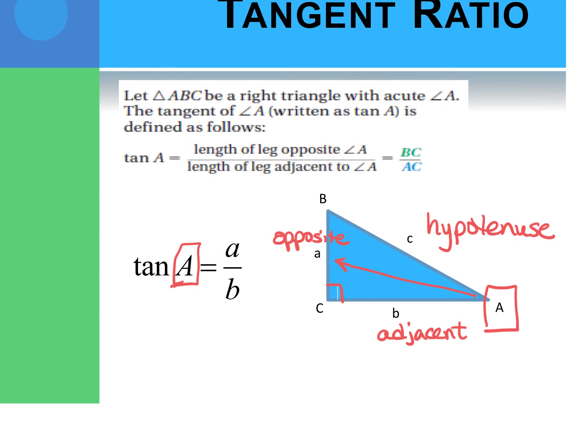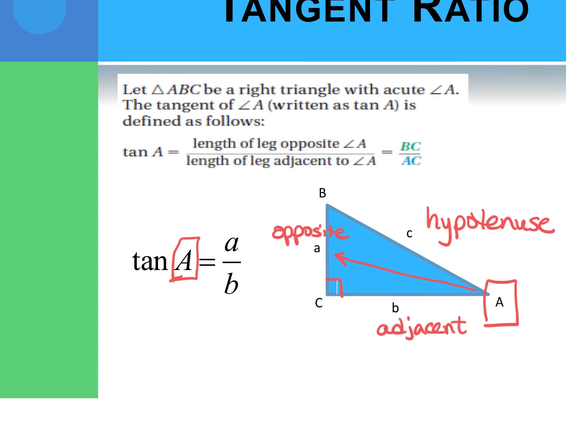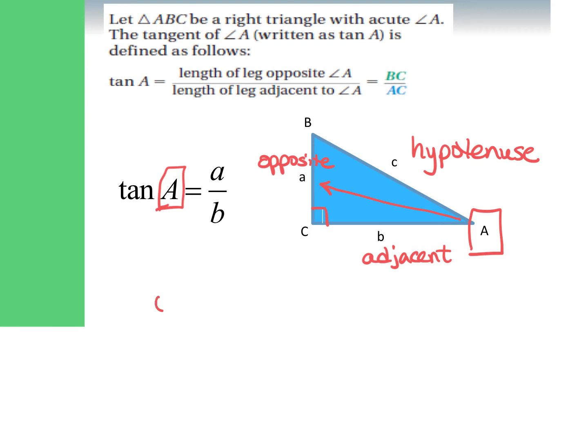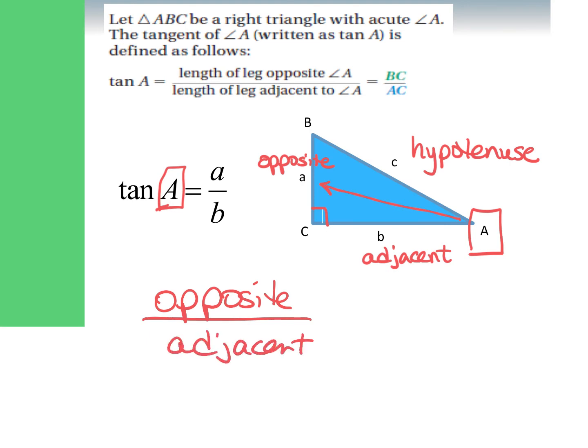And then for angle C, opposite to that will be lowercase c. So when I want to write the tangent ratio for angle A, I'm finding whatever side was opposite, and I'm going to put the side that's adjacent to A in the bottom. So the side that was opposite to angle A was lowercase a, and the side that was adjacent was lowercase b. And that's what was written here.